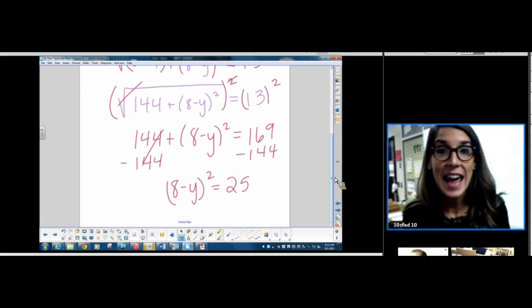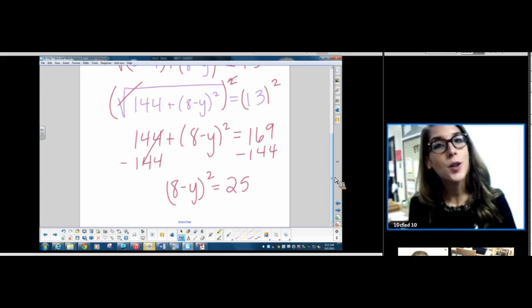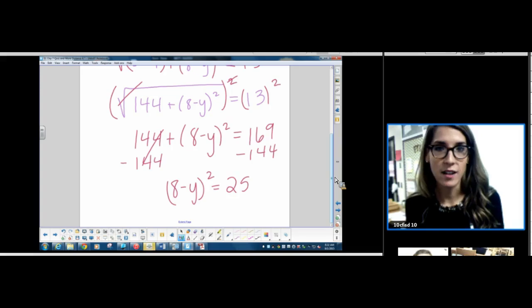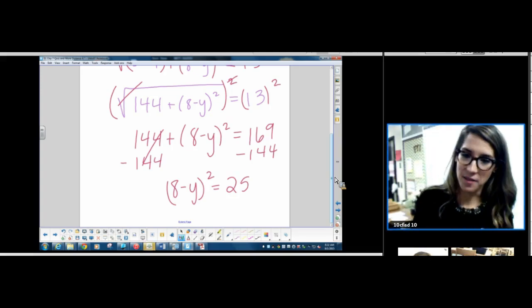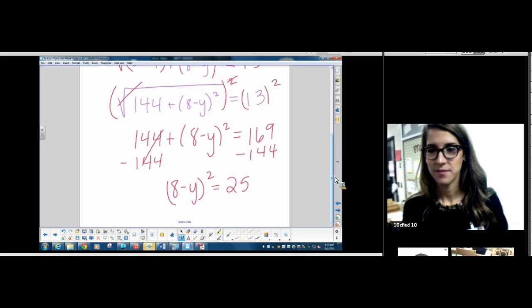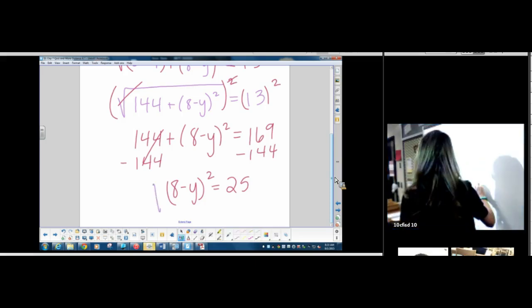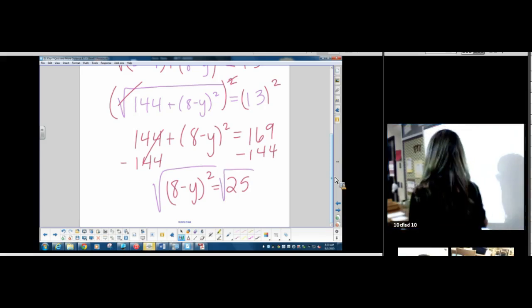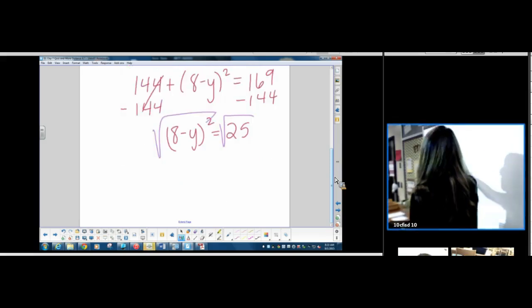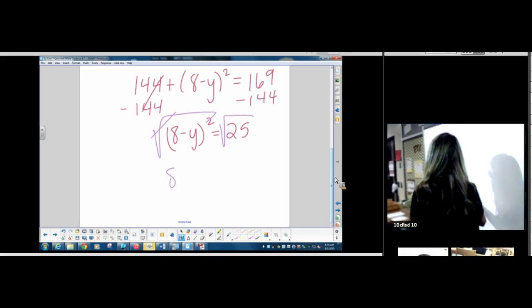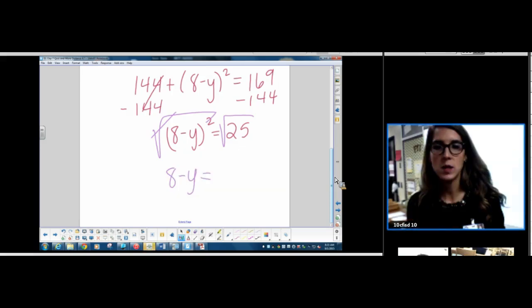What's the next layer? (8 minus y) squared. We need to get rid of that squared. What's the opposite of squaring something? Square rooting. So we square root both sides. The squared and the square root are going to cancel. So on the left, we have 8 minus y.